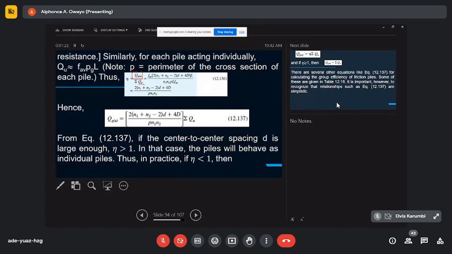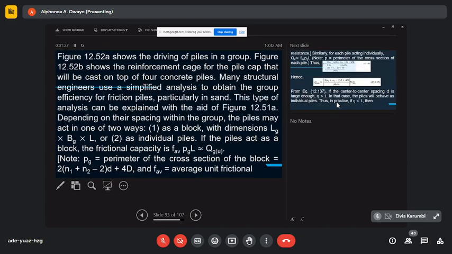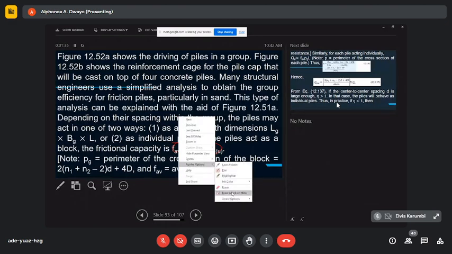No need to worry about too many formulas. At least this simple one you need to know. Your job is only to know what pile efficiency is, and you should be able to define it.